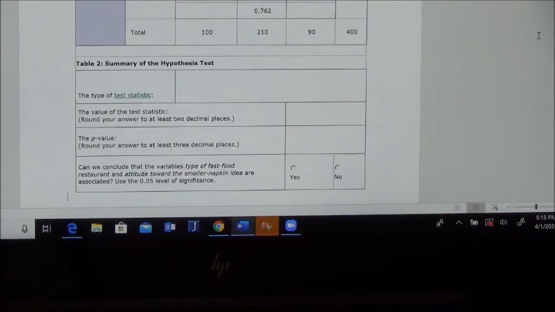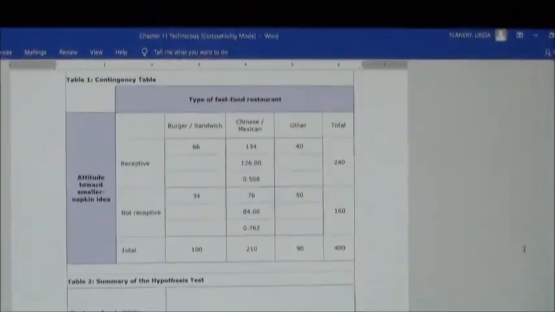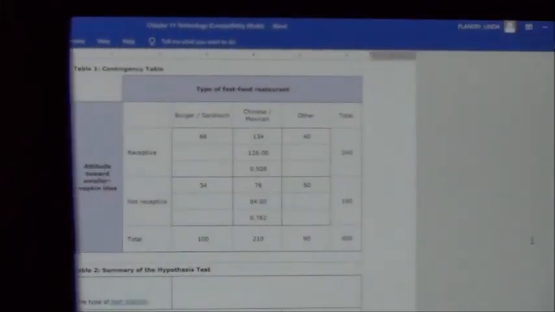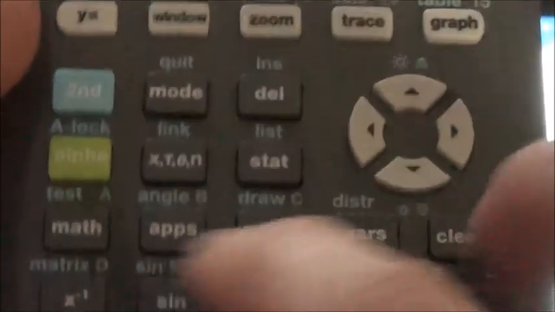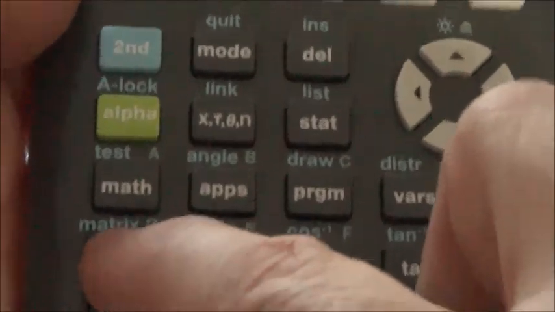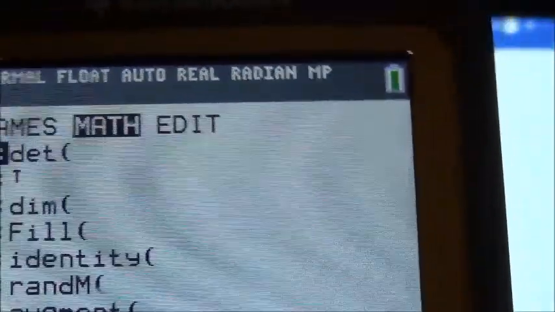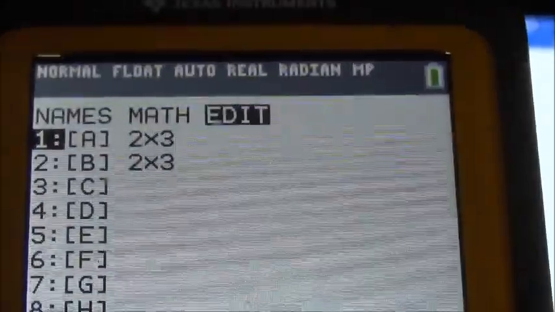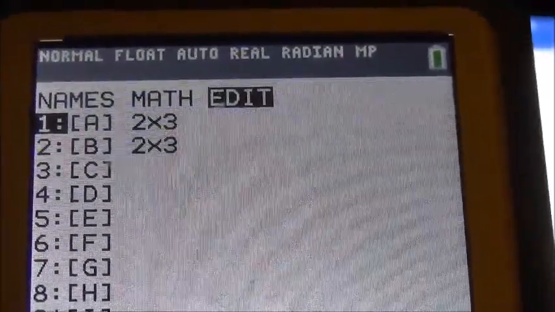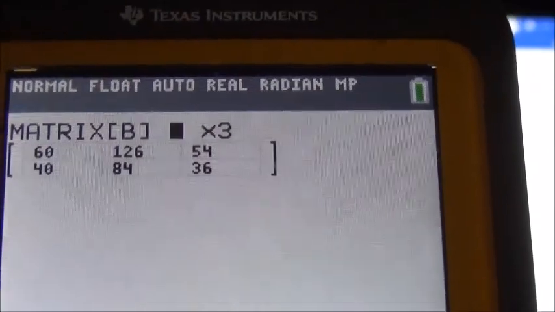Now, the other part of this is we've got to fill in the top part of that table, which we didn't do yet. I've got to find my expected values. My expected values we had to do from our matrix. And so I am going to do second function, go down to matrix, and go to edit. And I'm going to edit number 2. Number 2B was where we put our expected values, which we haven't put in there yet.